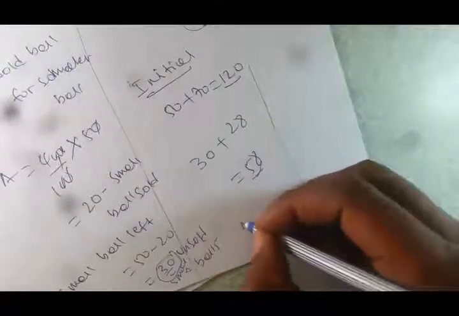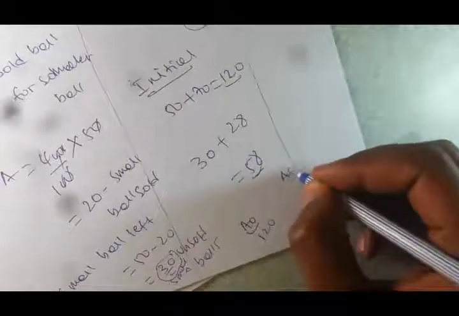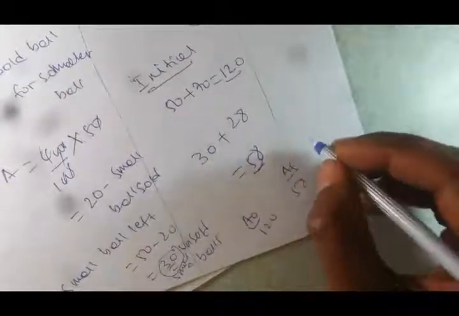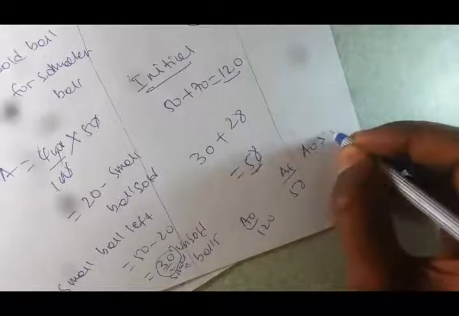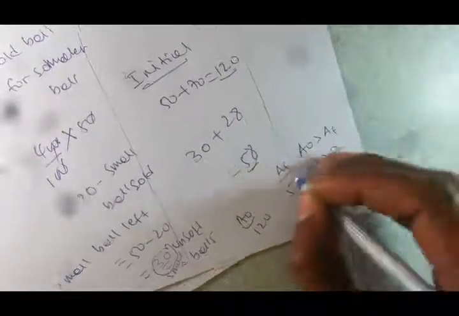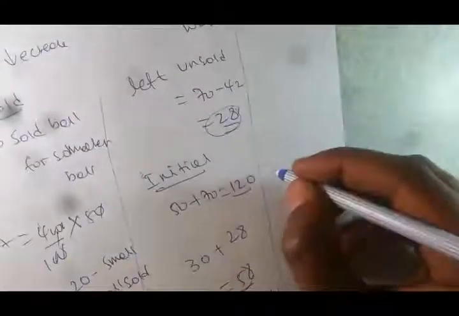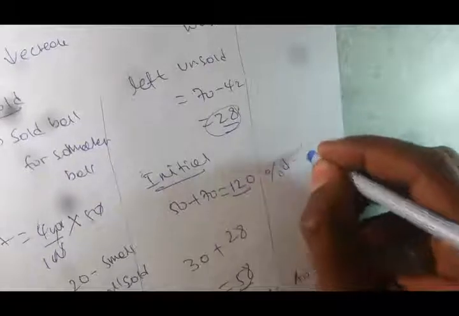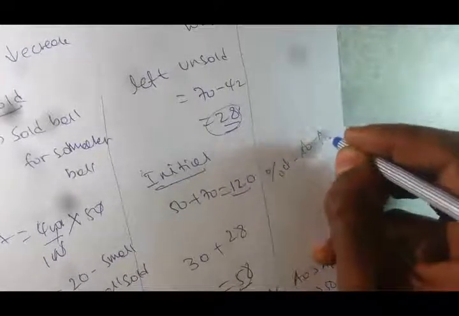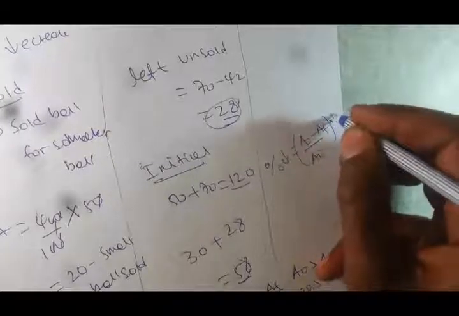Therefore we have our A0 as 120, our A final as 58. Since A0 is greater than AF, that means 120 is greater than 58, there will be a percent decrease, and we know that percent decrease is given by A0 minus AF over A0 times 100%.